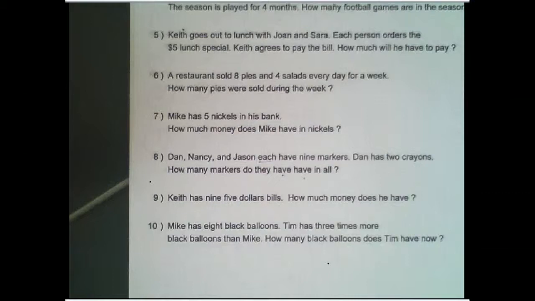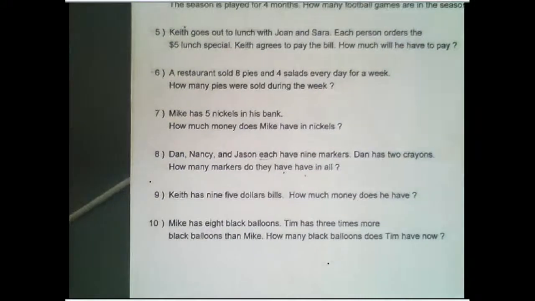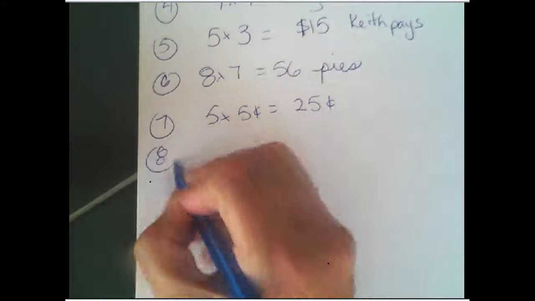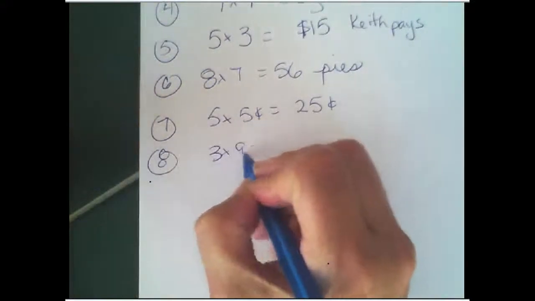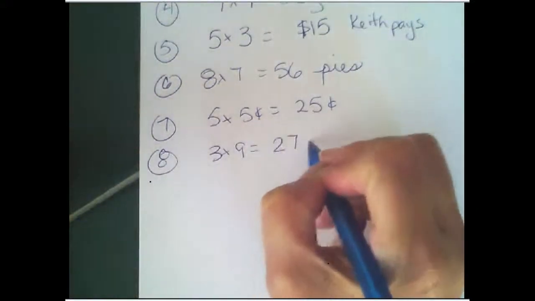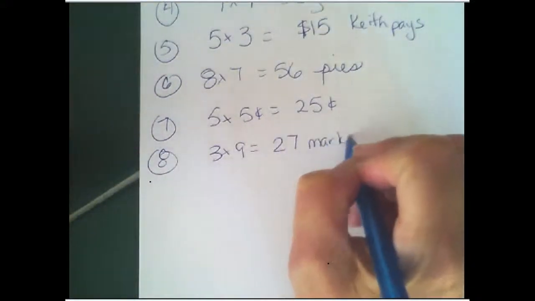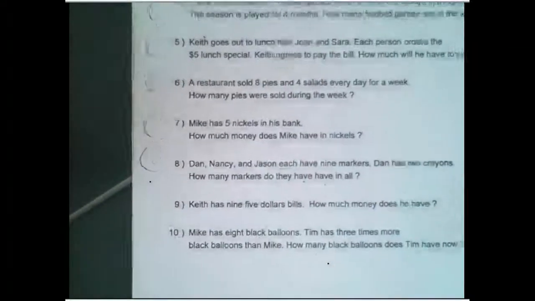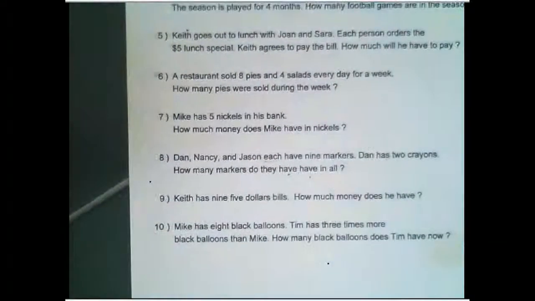No, they did not. We know that Dan has 9 markers, Nancy has 9 markers, and Jason has 9 markers. There are 3 people, and they each have 9. So our math problem here would be 3 times 9, which gives us 27 markers.